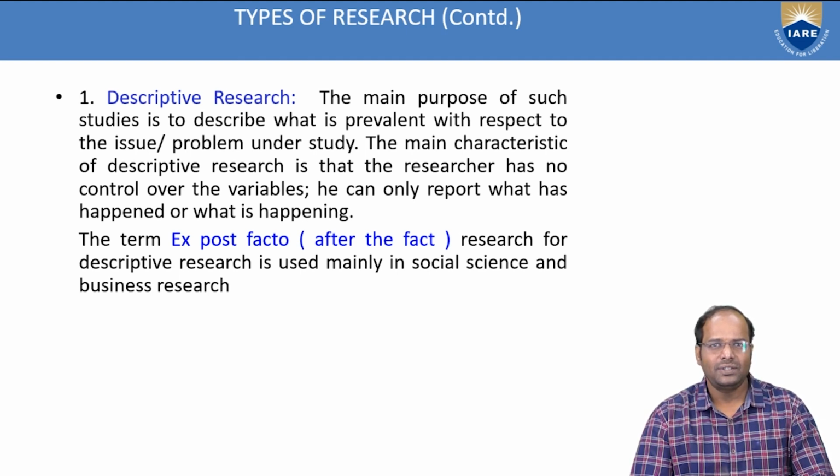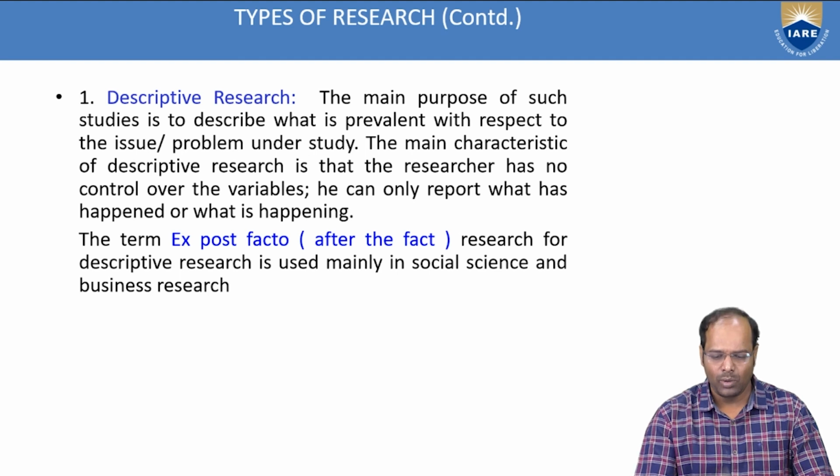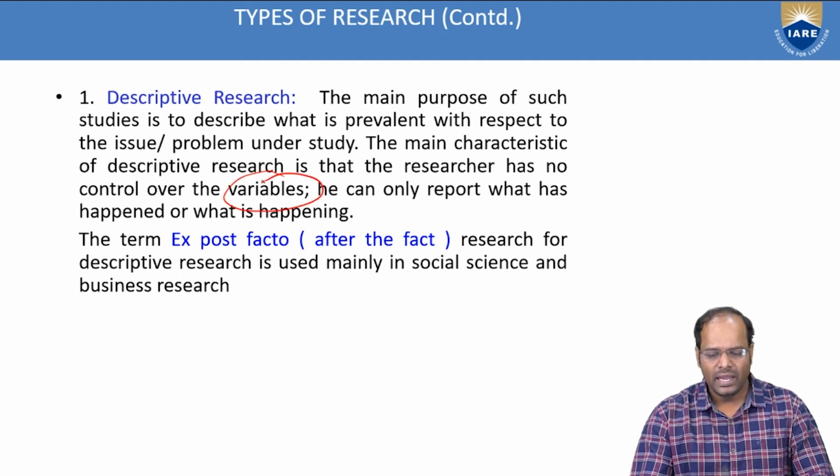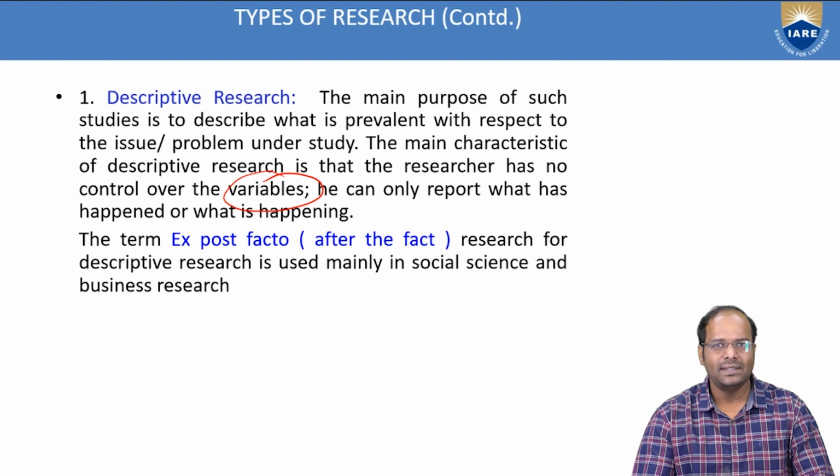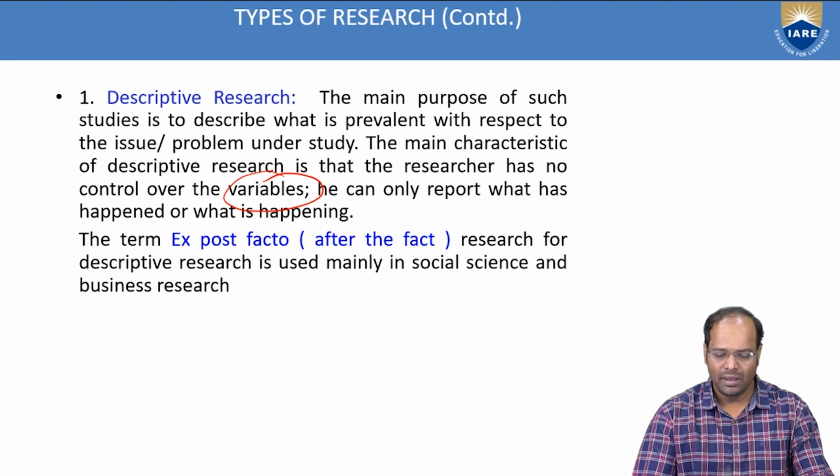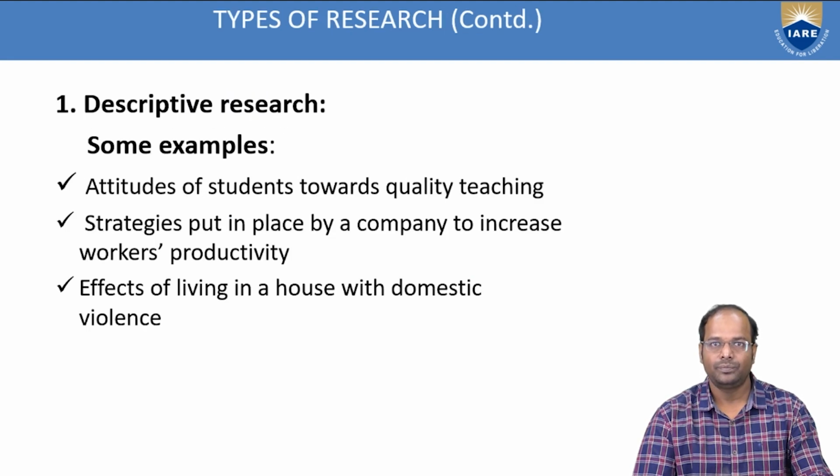The major characteristic of descriptive research is that the researcher has no control over variables. He can only report what has happened or what is happening, which is the term ex post facto research. Descriptive research is used mainly in social science and business research.